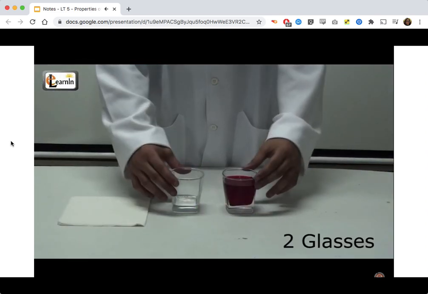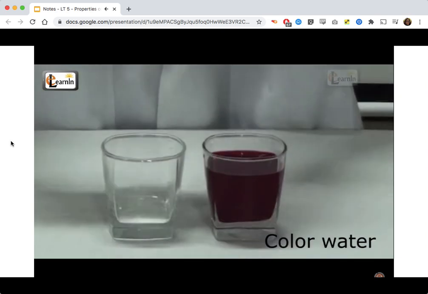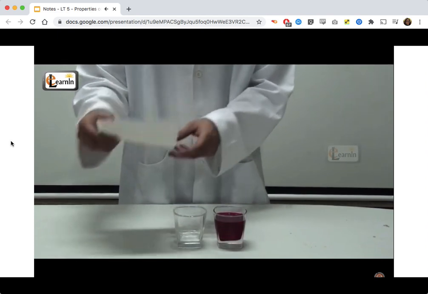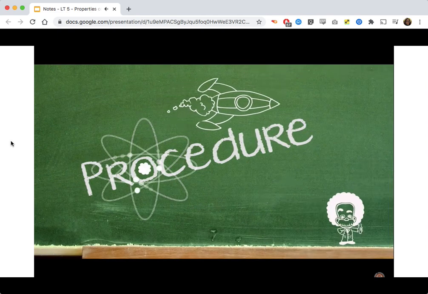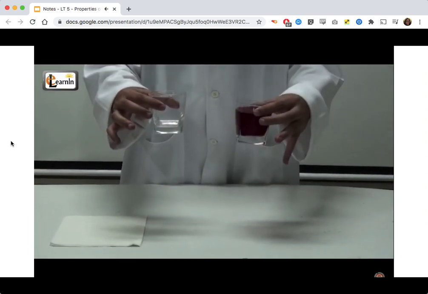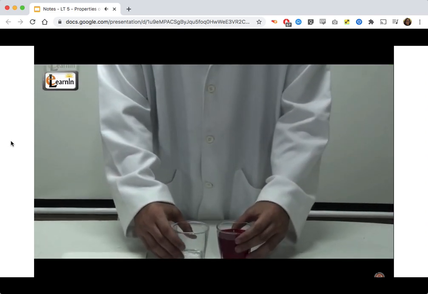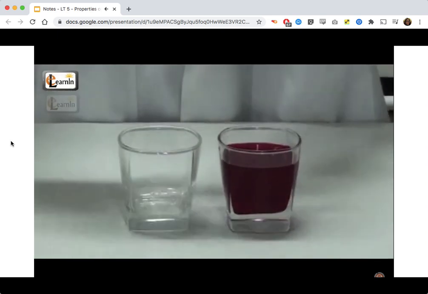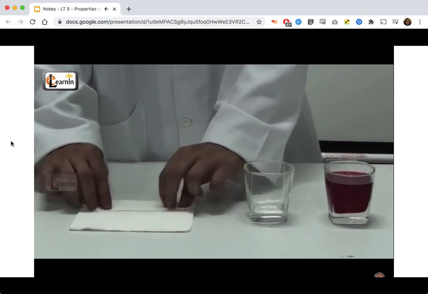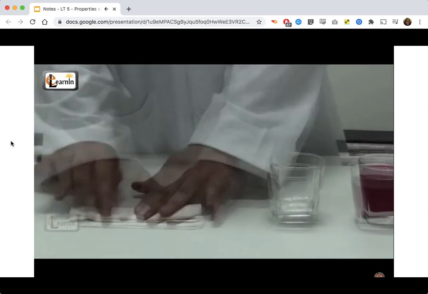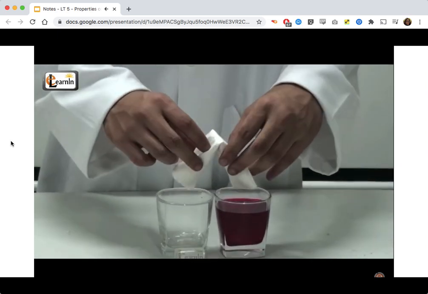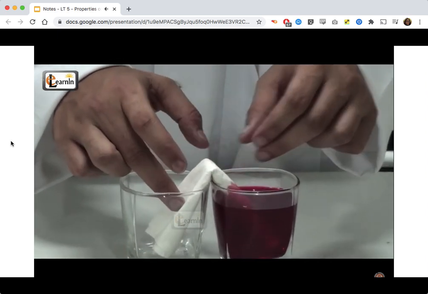For this experiment, you need 2 glasses, colored water, and a paper towel or a tissue paper. First, take 2 glasses. Put them side by side. Now, fill one of the glasses with the colored water. Now, grab the paper towel. Fold it in the middle. Dip one of the ends of paper into the colored water and put the other end into the empty glass beside it.